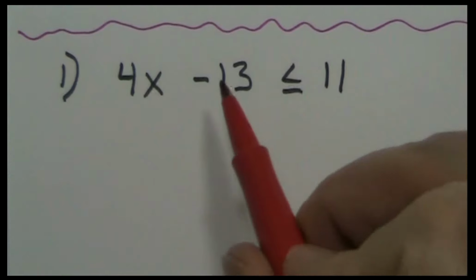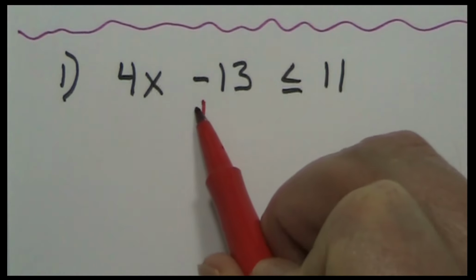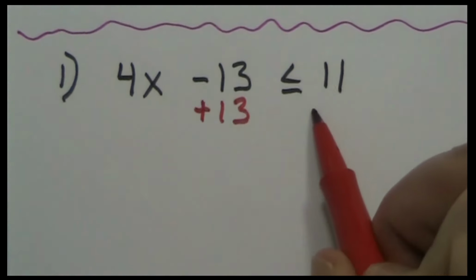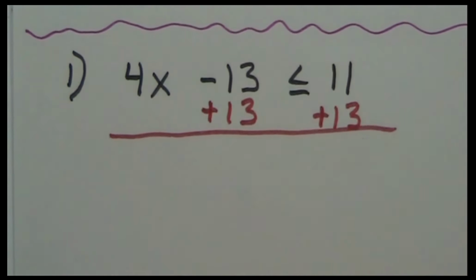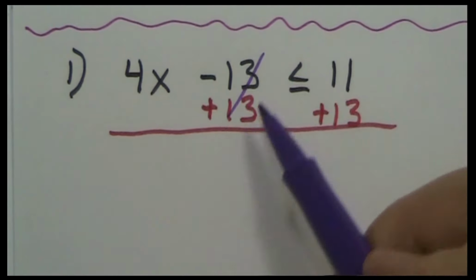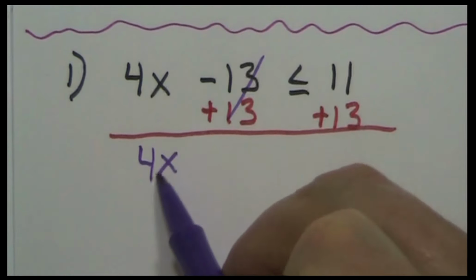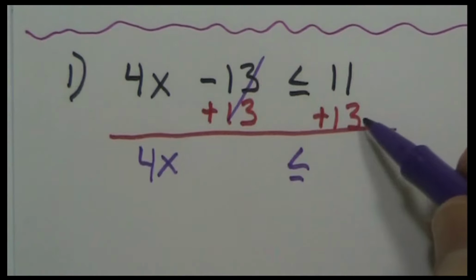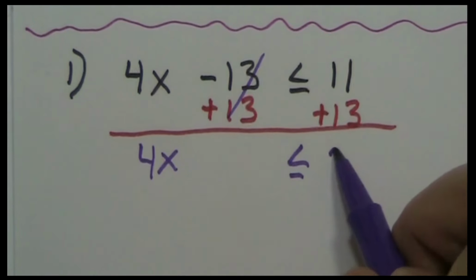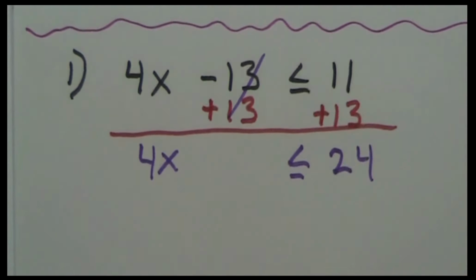Okay, our first step is to get rid of the constant. I'll add 13, both sides. And by doing that, this is gone at 0. You're left with 4x. And then 11 and 13, that's 24.